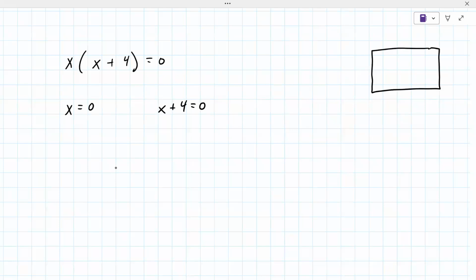I got x equals 0 and x equals -4. Very good. All right. So you got that part down.